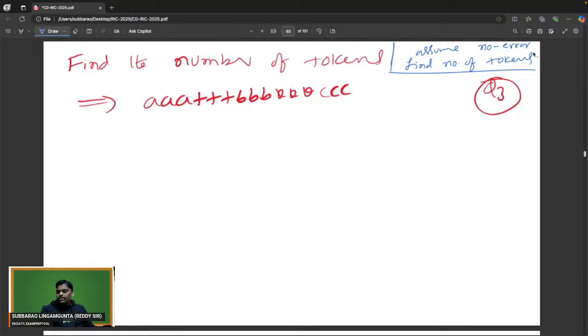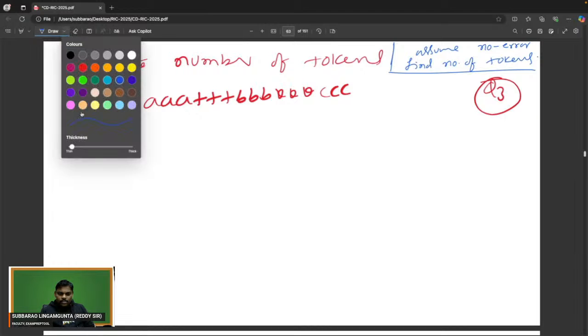Find the number of tokens. Everyone, check once.